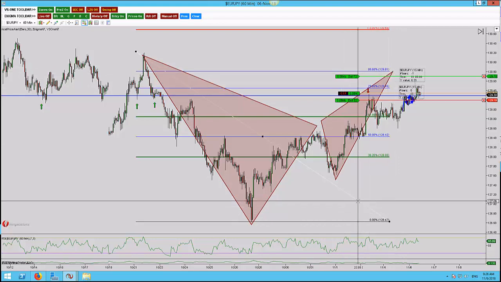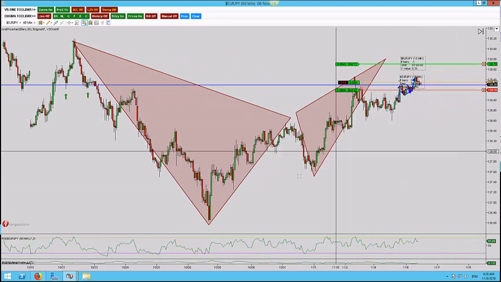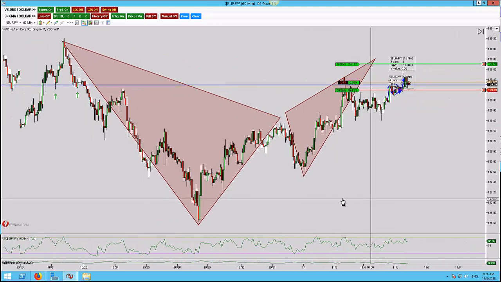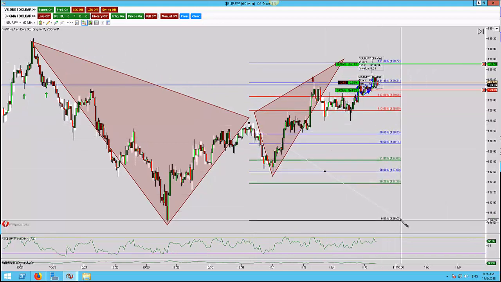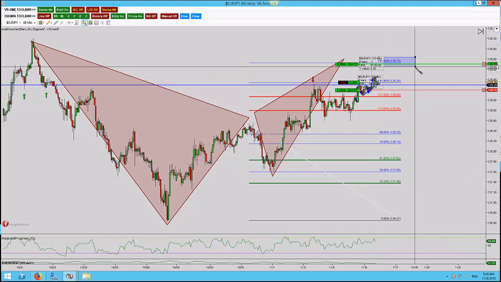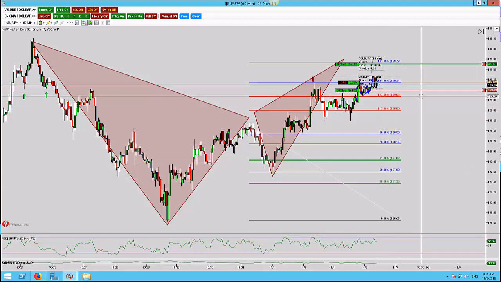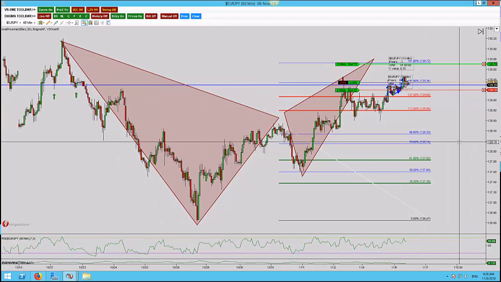Now I haven't gone for those targets, I've gone earlier than that because of the AB equals CD pattern, and if we also put a full extension of this leg here, we do have a 1618 coming in at 129.72, so my targets are at 129.70. I hope I haven't made that too complicated, as I said.